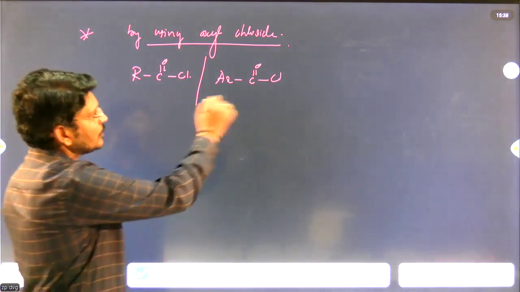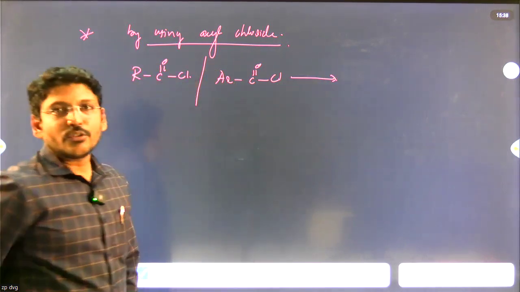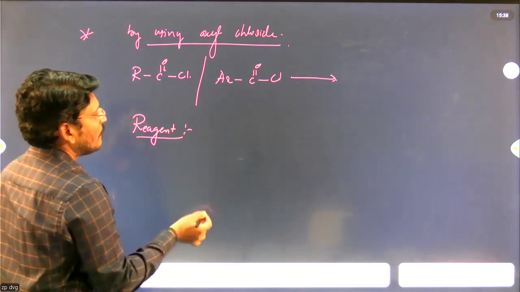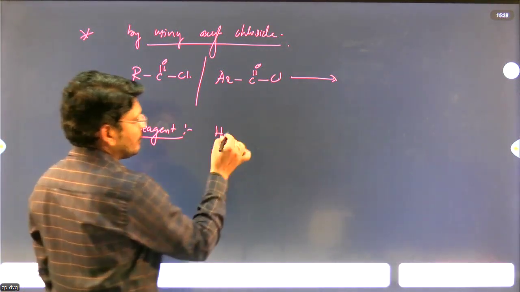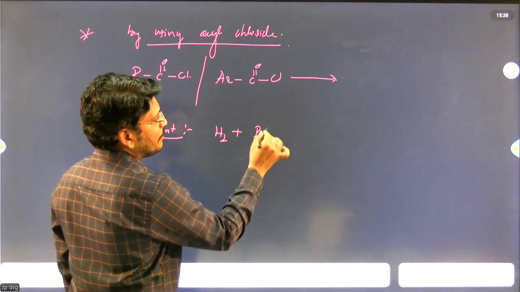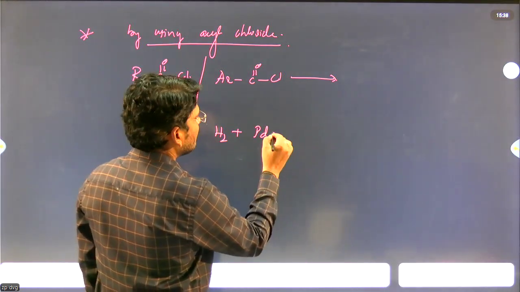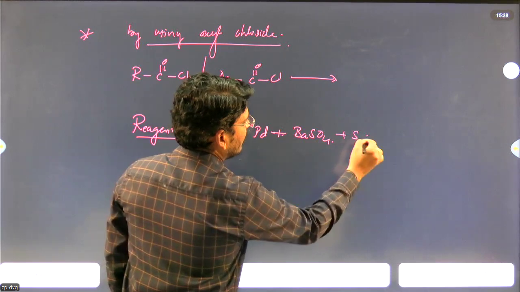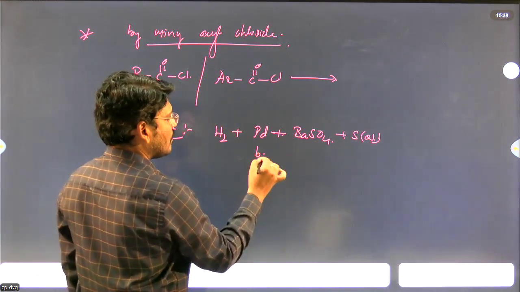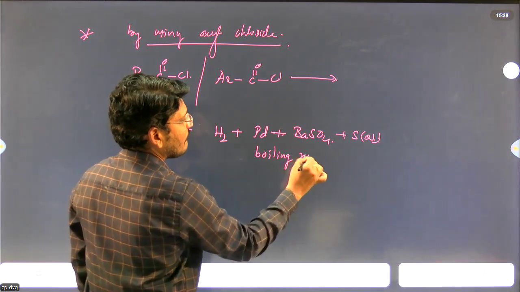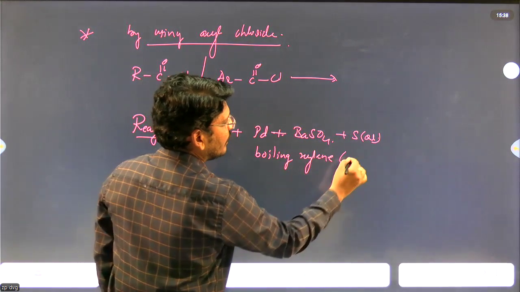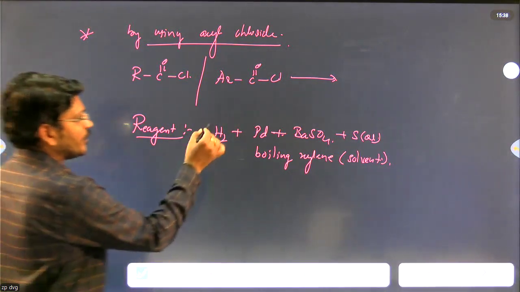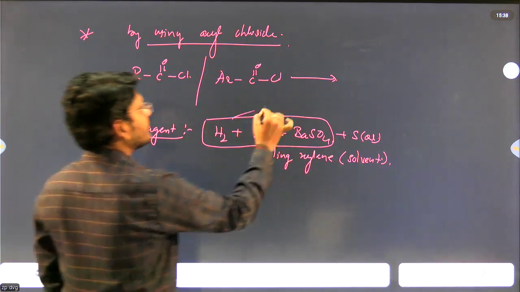When this reacts with, here the reagent we are going to use, addition of hydrogen, reduction by hydrogen will take place in the presence of palladium along with barium sulfate and sulfur, otherwise boiling xylene. Here boiling xylene acts as a solvent. We already know that this is considered as Lindlar's catalyst.